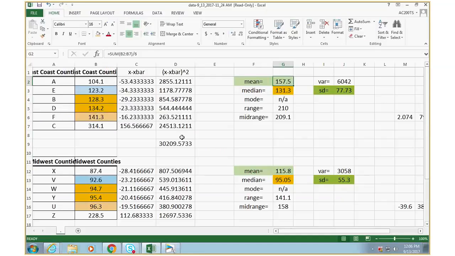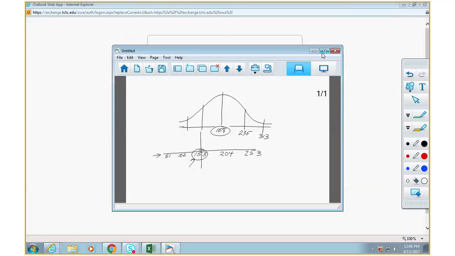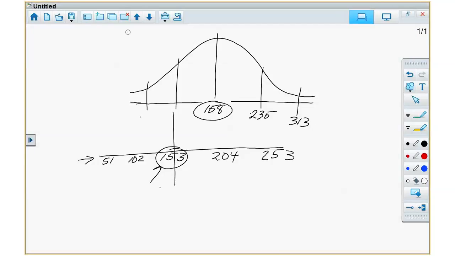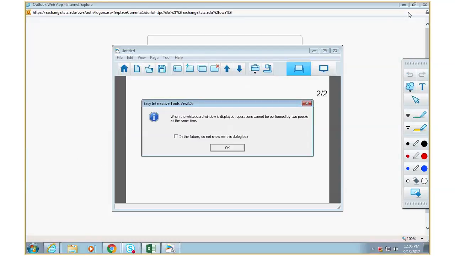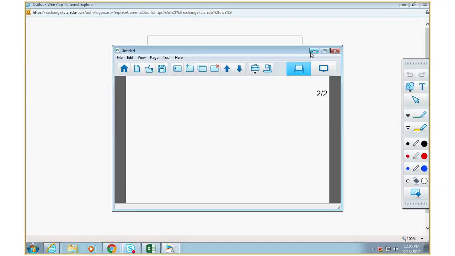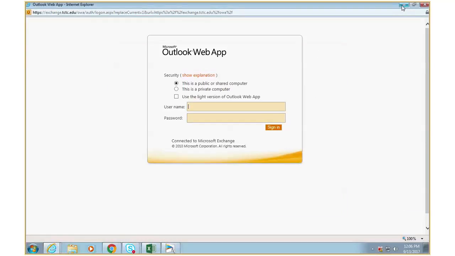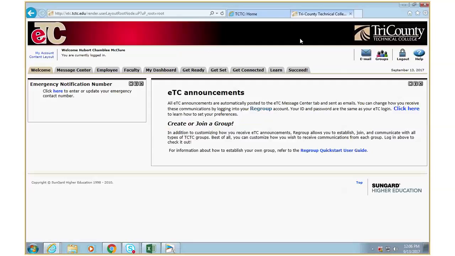Now, what else can we do? I don't want to go to mean and standard deviation. I'm going to go to z-score. Let's go to z-score. There's a question that used to be in the book all the time, but they changed books because it was a good book. So therefore, if it's broke, what?